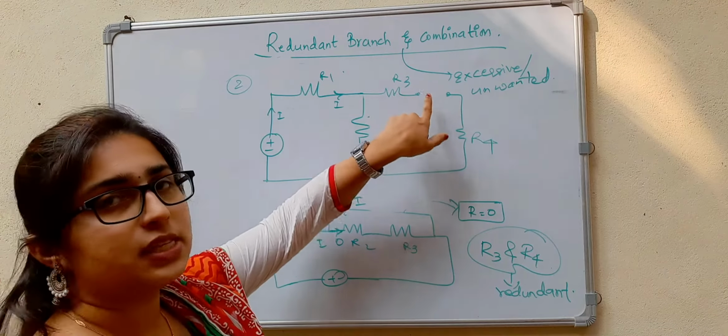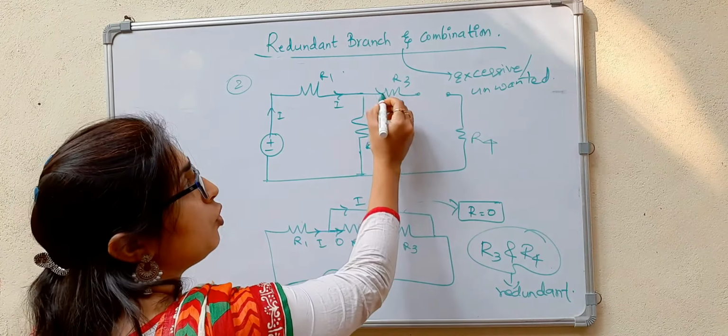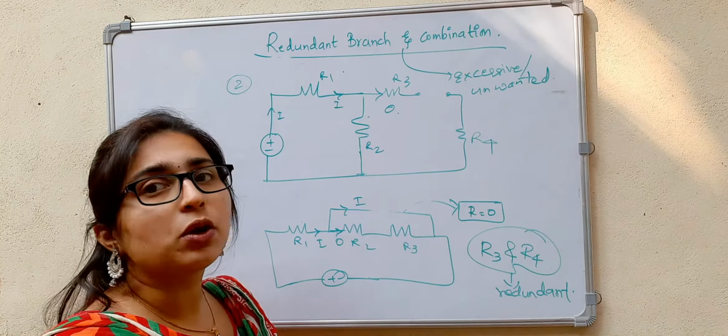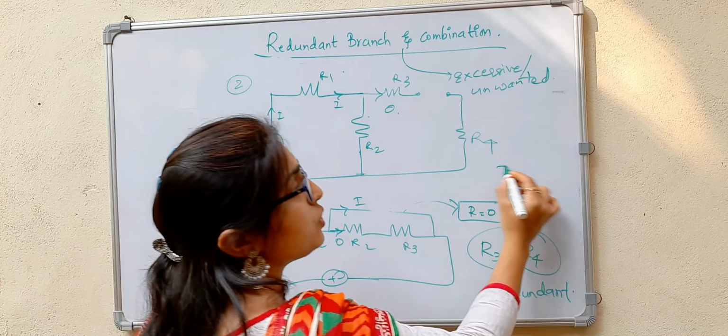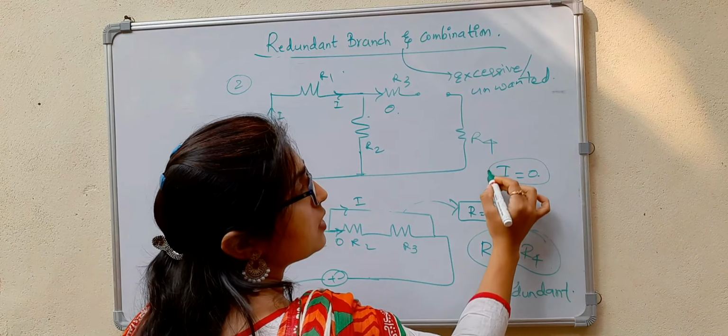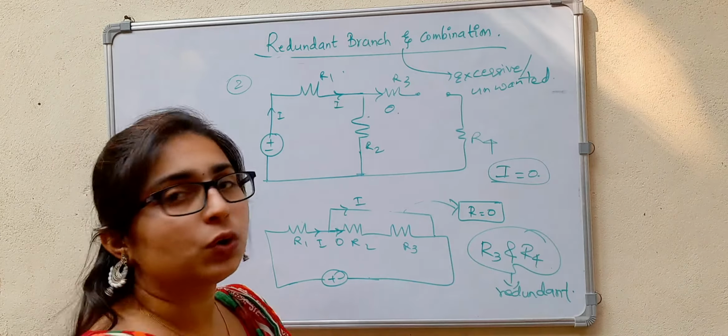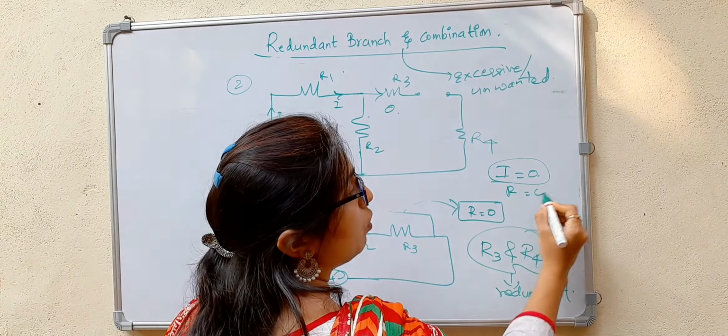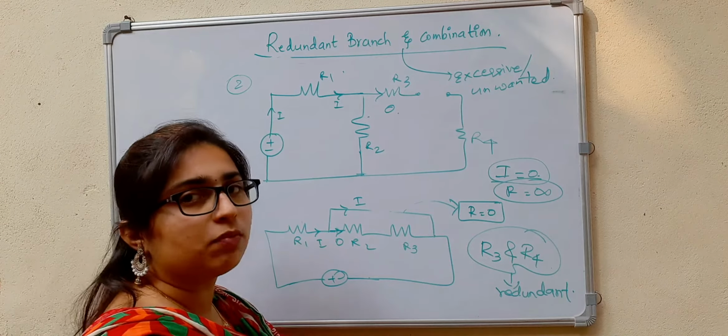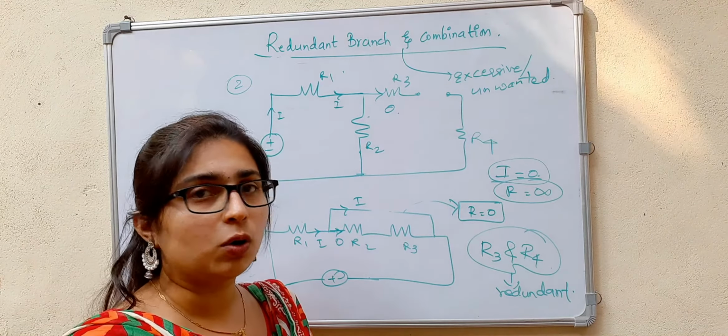If we have an open circuit, what happens? What will be the current? Current will be 0 ampere because the condition for open circuit is that current is equal to 0, resistance is equal to infinity, and there will be some voltage drop across the open circuit.